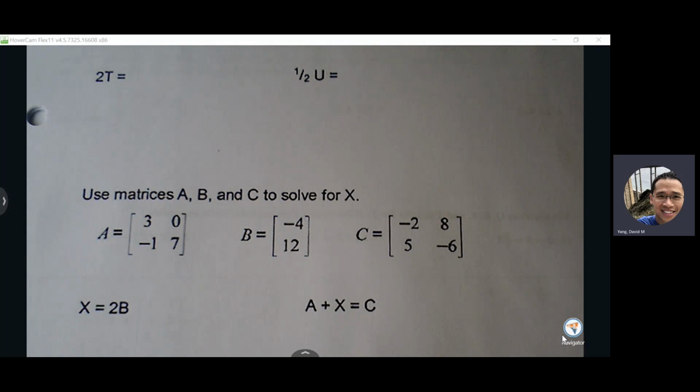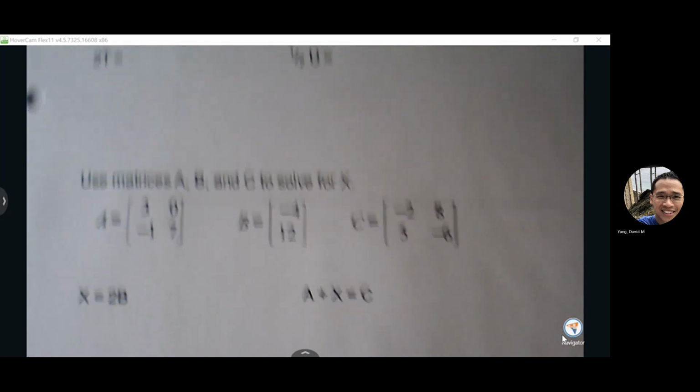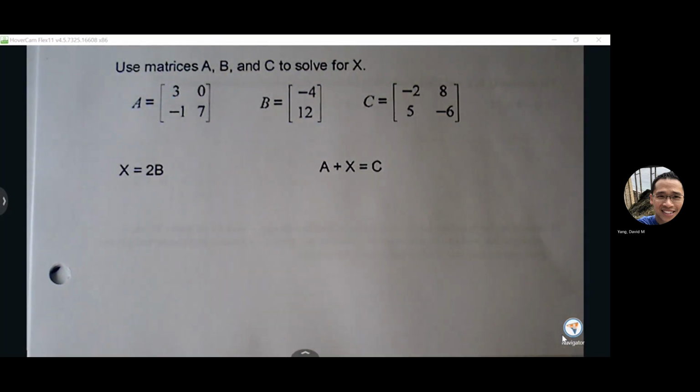Okay, next up, use matrices A, B, and C to solve for X. I think the first one is pretty self-explanatory.